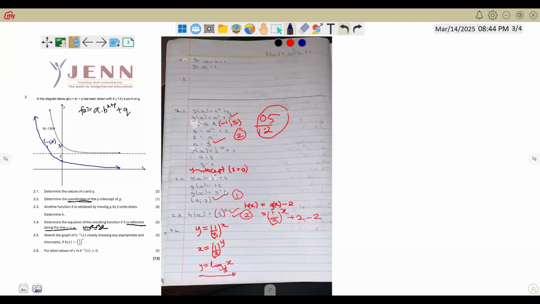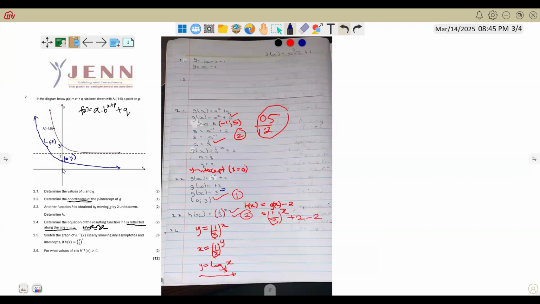The asymptote 1 will now be here. Let's write it as a coordinate. It's going to be 0 and 1. Is that clear? Yes, sir.